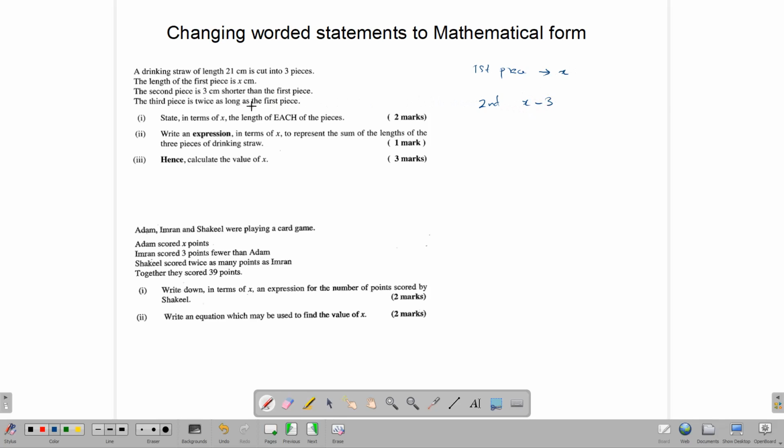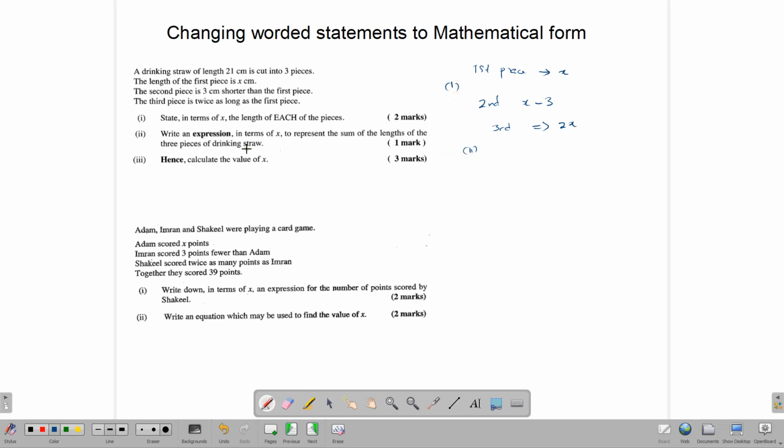And the third piece is twice as long as the first piece. This is the first piece. The third one is twice as long as the first, which means we're going to be multiplying this by 2, twice as long. All right, so we have answered part 1.